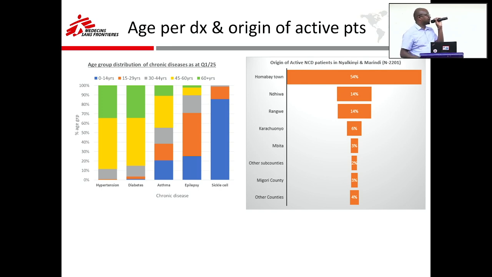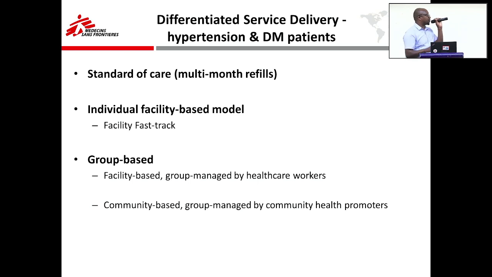So the next slide. This is just to show you the problem, and because of this problem, in 2023 we introduced differentiated service delivery, the DSD, for those who have worked in HIV programs.